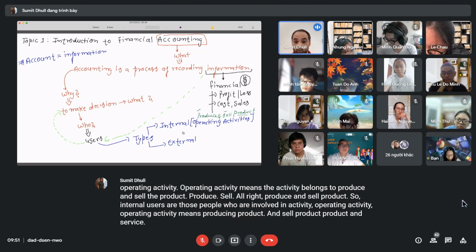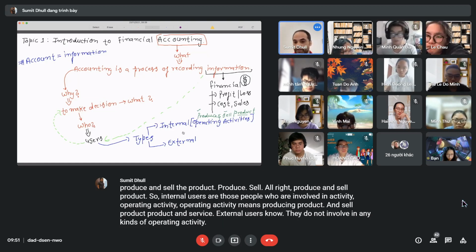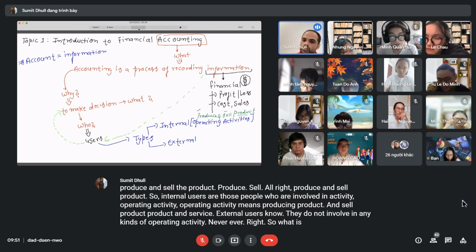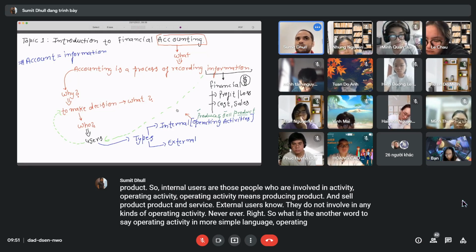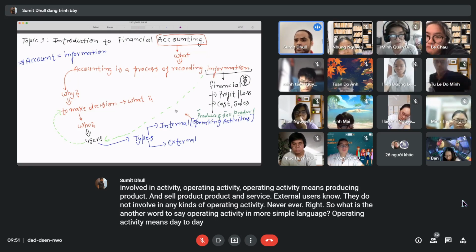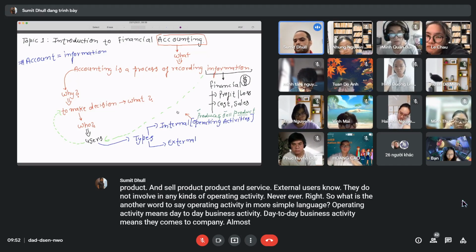External users, no, they do not involve in any kinds of operating activity. Never, ever. Right? So what is another word to say operating activity? In more simple language, operating activity means day-to-day business activity. Day-to-day business activity means they come to company almost Monday to Friday.